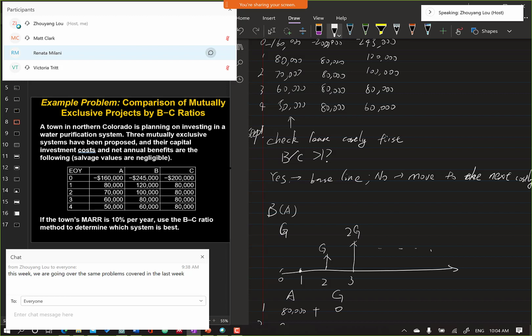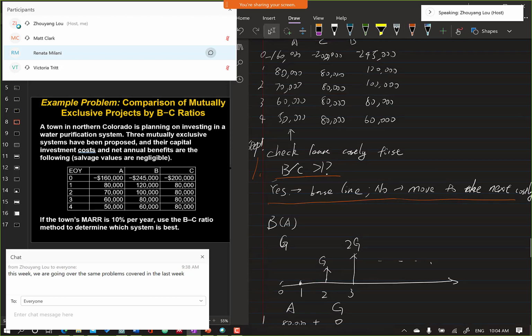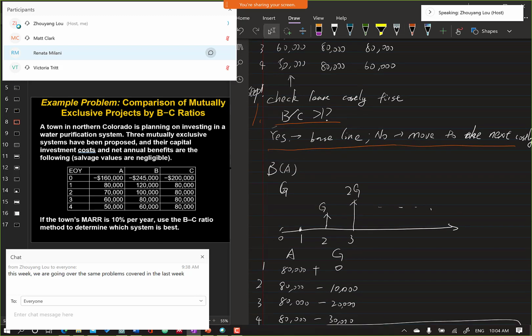If that's greater than 1, we can keep it as the baseline. If not, we move to the next least costly one, and check that benefit cost ratio until we find the one with the ratio greater than 1, and we set that as the baseline, and then we move to the second step.